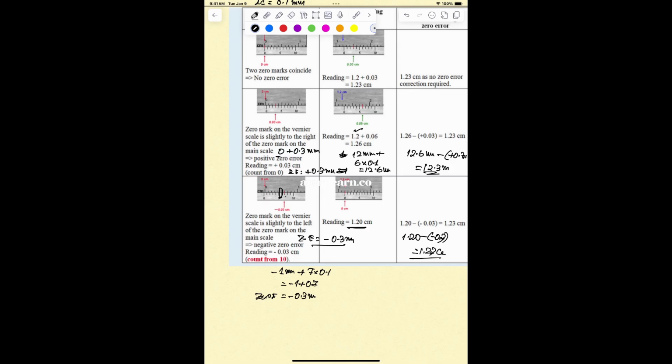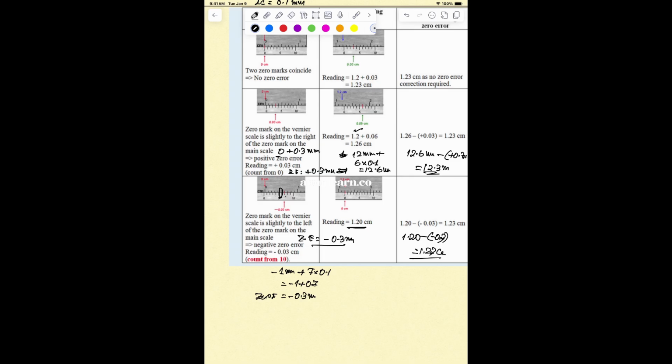Understood how it is done? If I want you to follow my method, where there is no question of a change in the method, positive or negative, you just find out after which main scale division the Vernier scale 0 is there. In the case of a positive zero, it is after 0, therefore 0 plus number of divisions coinciding into least count gives you the positive zero error.